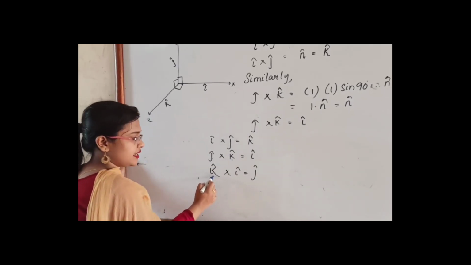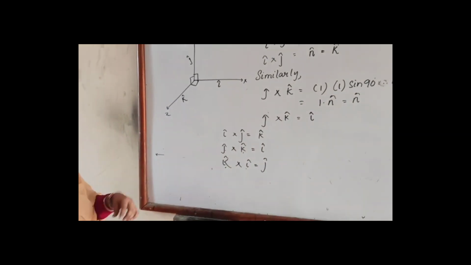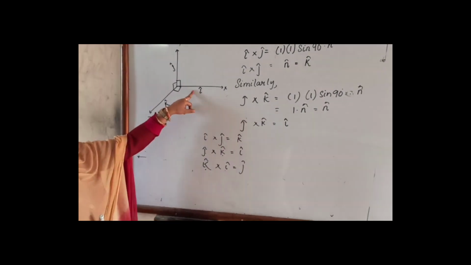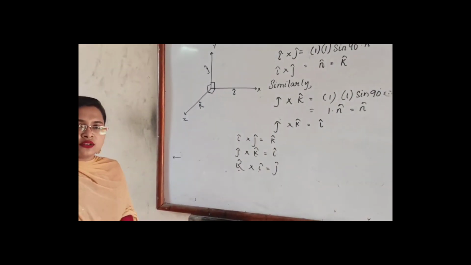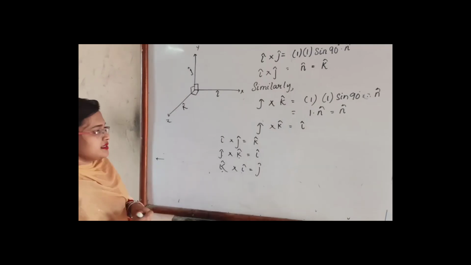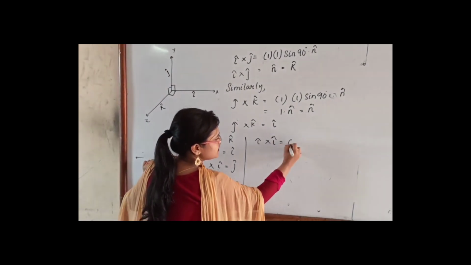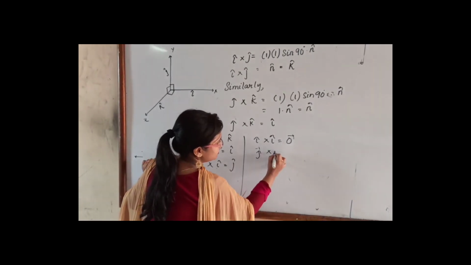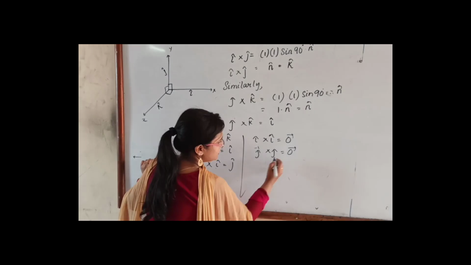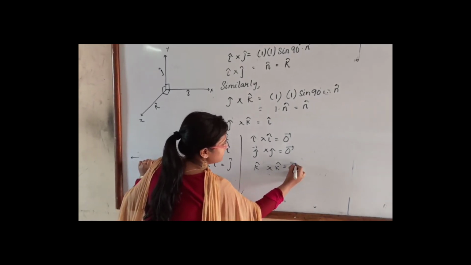The angle between k cap and i cap is 90 degrees. What if I want to find i cross i? We already know it will give a null vector, 0. I cap cross i cap is the zero vector. J cap cross j cap is a null vector. K cap cross k cap is a null vector.